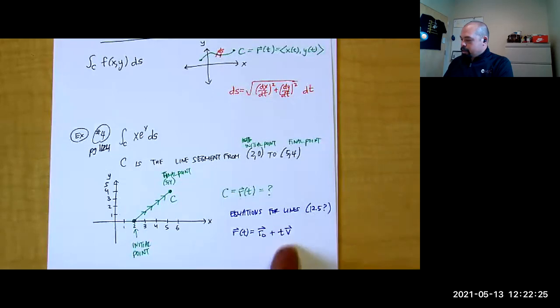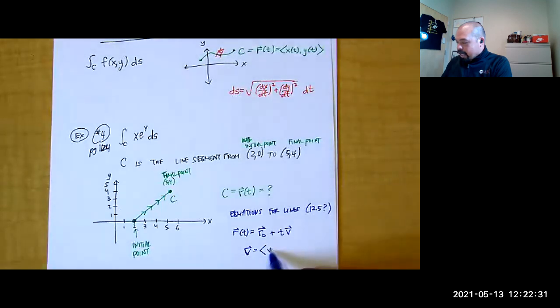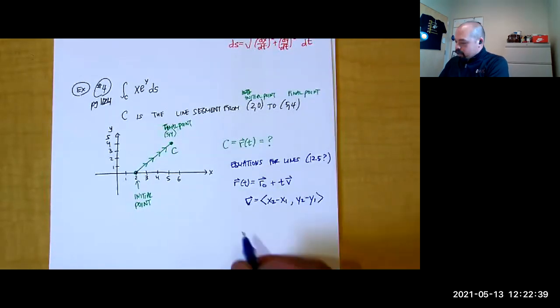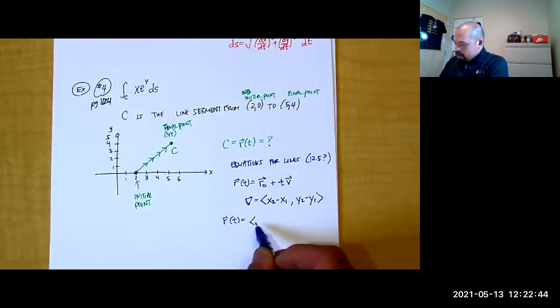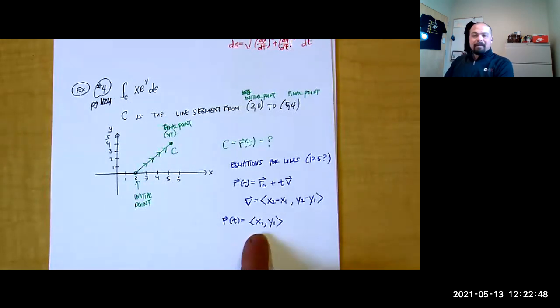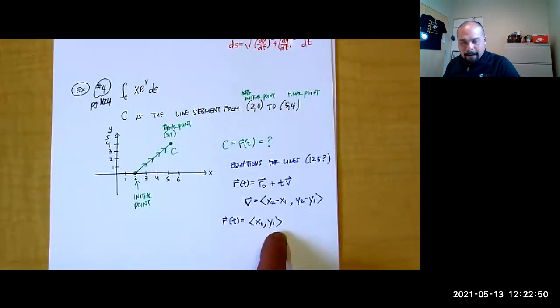Okay. And if we start to think about that, v was our direction vector, x2 minus x1, y2 minus y1, right? And so if I start to put some of these details together, r sub 0, which was x1, y1, my initial point, or I can probably more effectively call it x sub 0, y sub 0, right?